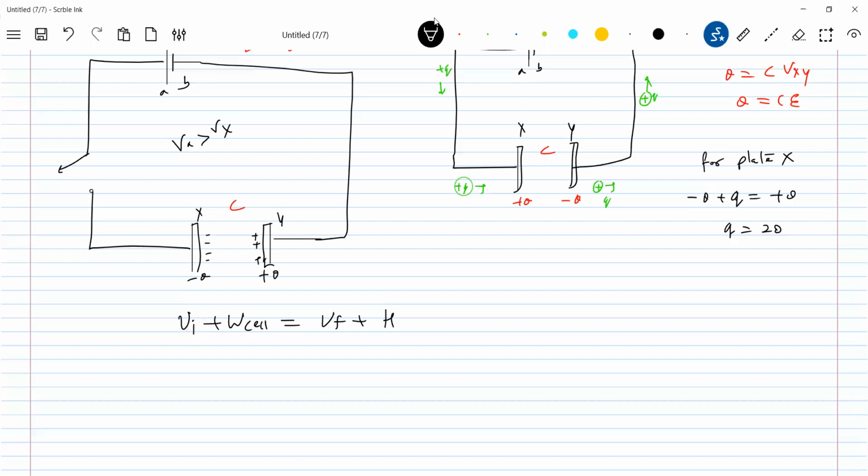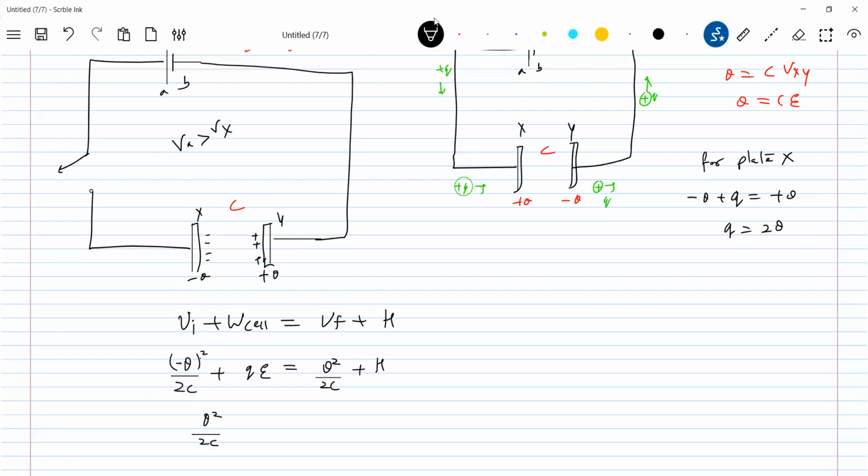Initial energy in the circuit, Q square by 2C. Work done by the cell, 2Q, Q into E, no? Total charge, how much left over? Q into E. Finally, Q square by 2C. But sir, negative. So if you're getting confusion with sign, you do right. Plus heat generated. What is small q equal to? 2Q.